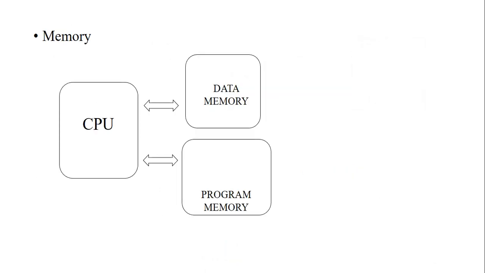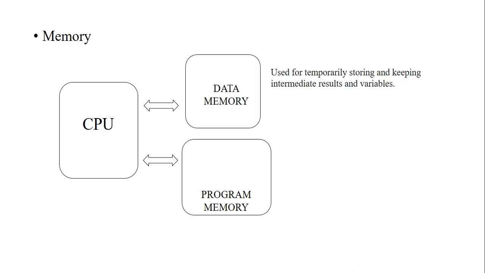Then we'll see the memory organization. In a microcontroller, memories are inbuilt, but the memory is divided into two parts: data memory and program memory. Data memory is where data is stored temporarily, keeping intermediate results and variables. For example, in the ALU block we saw the addition of two numbers.